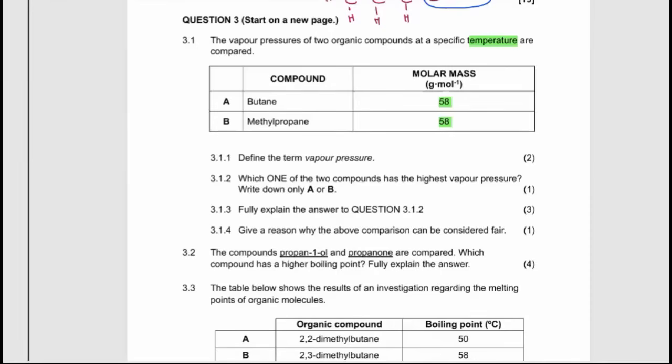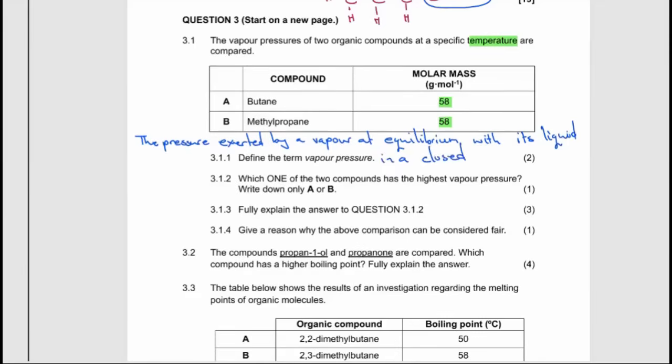So vapor pressure is defined as the pressure exerted by a vapor at equilibrium with its liquid in a closed system.